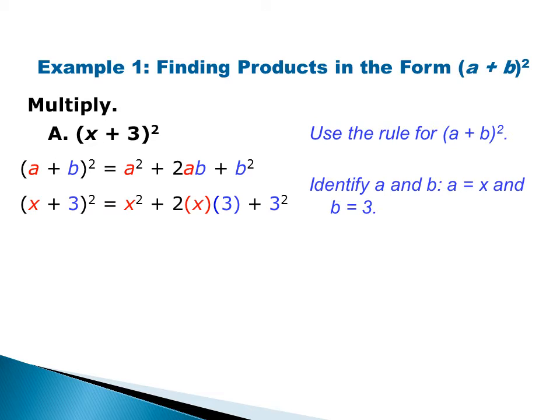Then the last one is going to be b times b, which is b squared. The middle one, what you are doing is multiplying what's in parentheses, a times b, and you double it. It becomes 2ab, okay? And here's the simplified form. So x squared, remember, x times 3 is 3x, times 2 is 6x, plus 9. Just get the gist of this, okay?